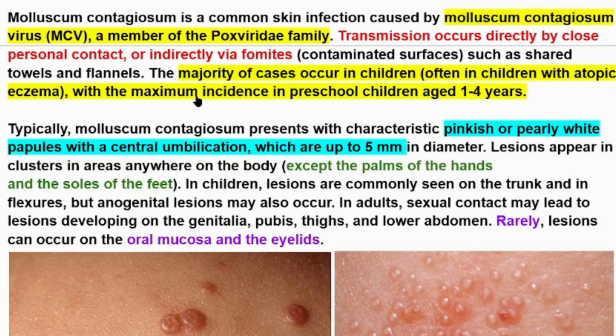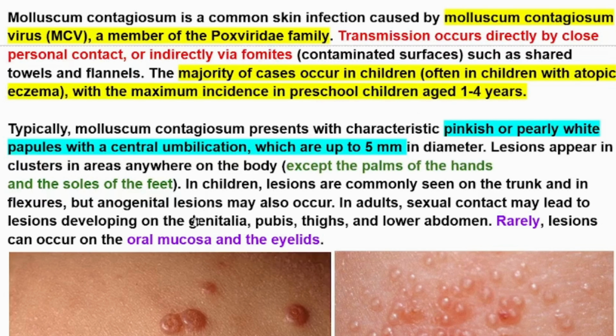Okay, the majority of cases occur in children, often in children with atopic eczema, with the maximum incidence in preschool children age 1 to 4 years. As we can see, our patient is a 3-year-old girl.